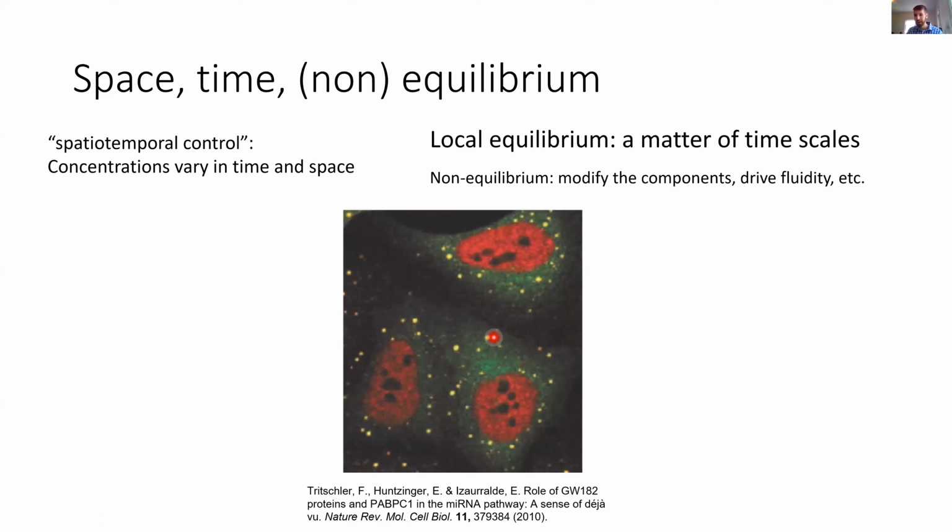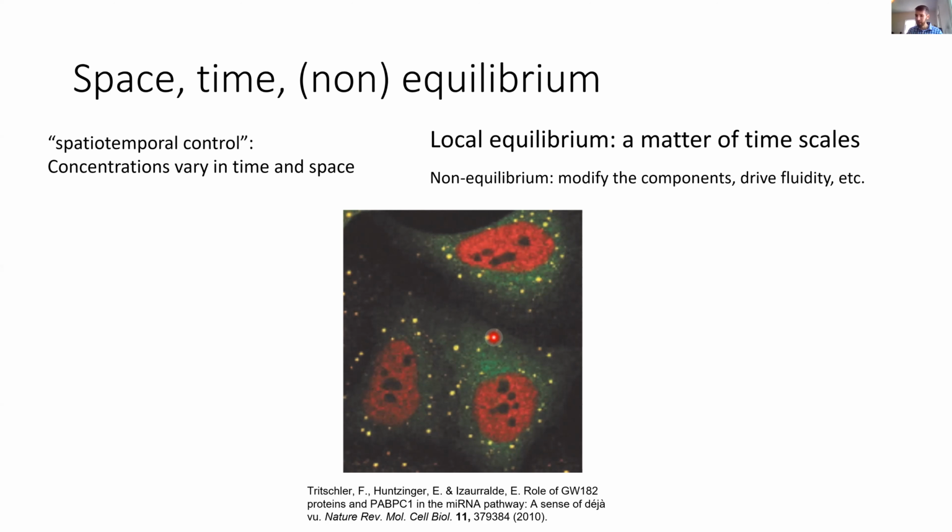There are also a lot of non-equilibrium processes which affect phase separation directly. And this is a really rich area that people are still exploring. It's discussed a lot in the review paper by Brangwynne et al. One thing that you can imagine a cell doing is, if you have a droplet, modifying the components in that droplet through some post-translational modification, for instance. That's certainly a non-equilibrium process.